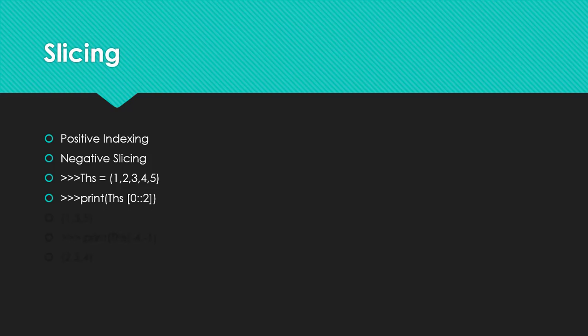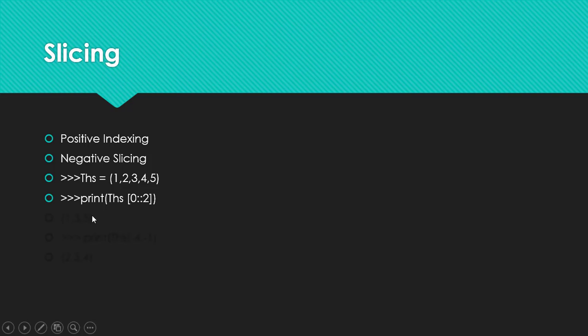If I am going to print thistuple and in the square bracket 0, colon, that means the slice would start from the 0th element to the end, and I have not mentioned the final limit. That means the whole tuple would be printed, but the step size is 2. That means after each element 1 would be skipped. That means every second element would be printed.